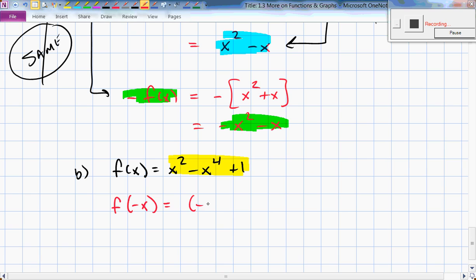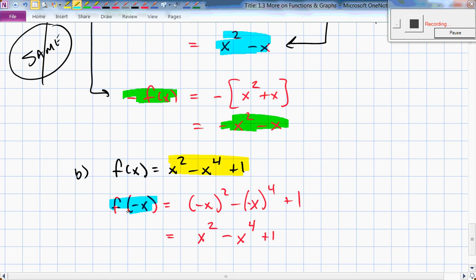So I'm going to do negative x quantity squared minus negative x to the 4th plus 1. You guys with me so far? I'm just replacing x with a negative x. You good there? Okay, negative x squared becomes a positive x squared. Negative x to the 4th becomes a positive x to the 4th, then minus, so positive x to the 4th, and then I have a plus 1.